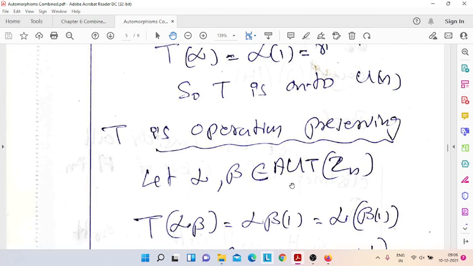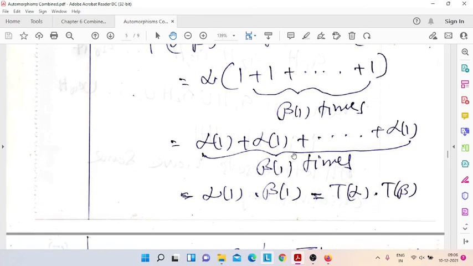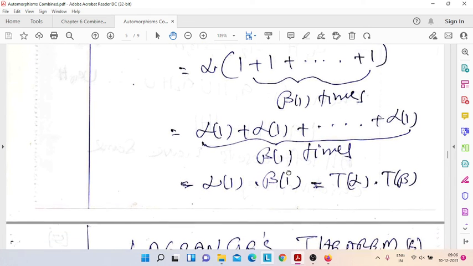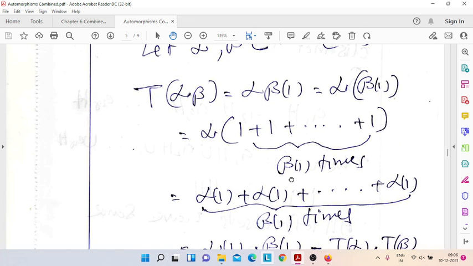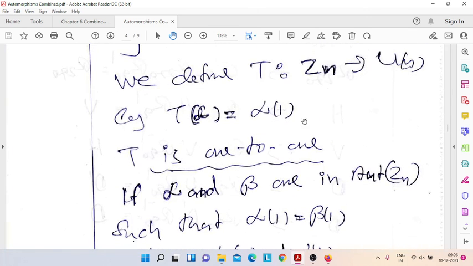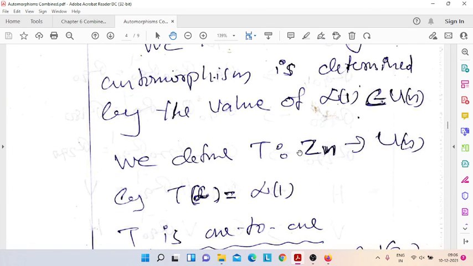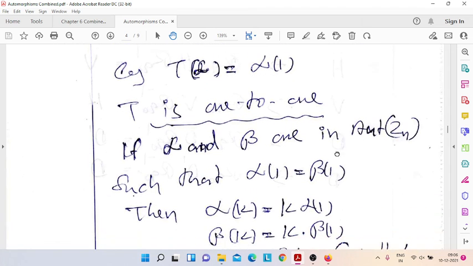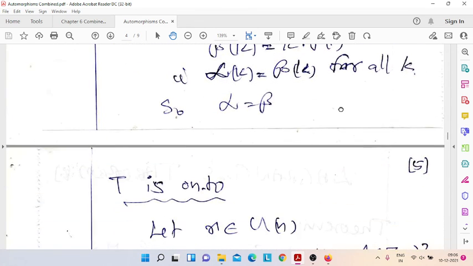Thus, we have shown three things: T is one to one, T is onto, and T is operation preserving. T is defined from the automorphism group of Zn to Un, and it is one to one, onto, and operation preserving.